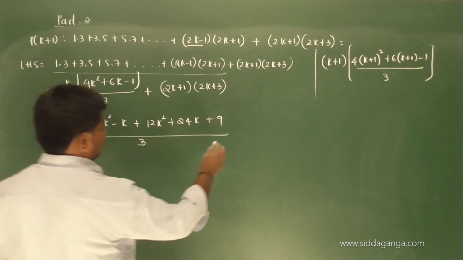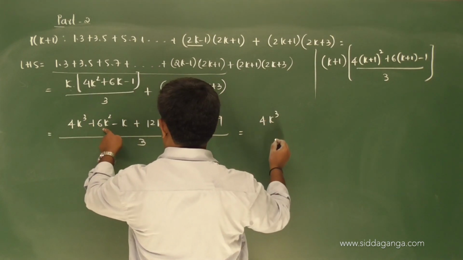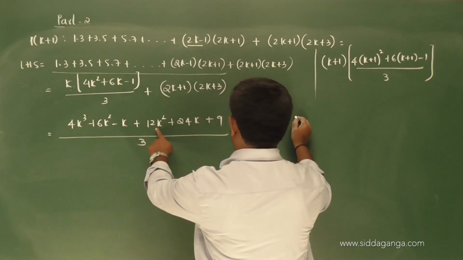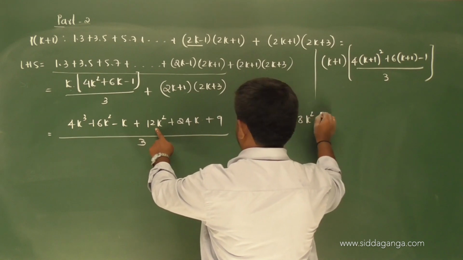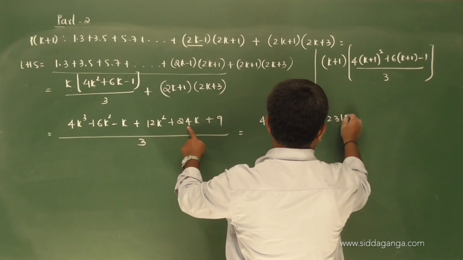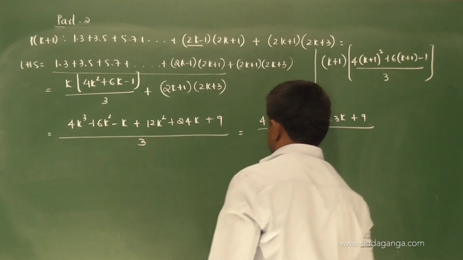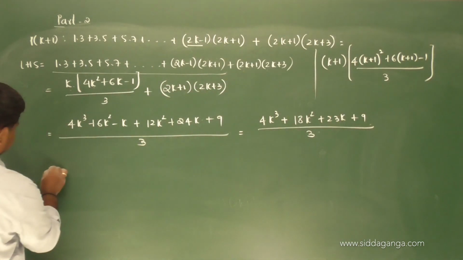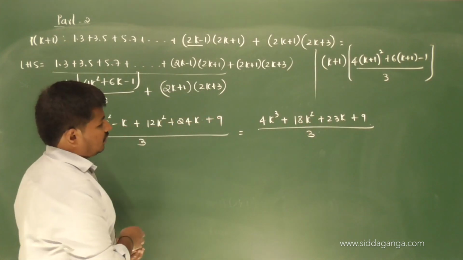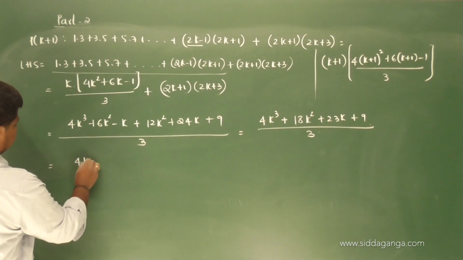So let me write this: 4k cube, 6k square plus 12k square, 18k square, and minus k plus 24k, so you get 23k, plus 9, all divided by 3, right? Now this is important. You need to get this answer, so I am going to rearrange this as 4k cube.